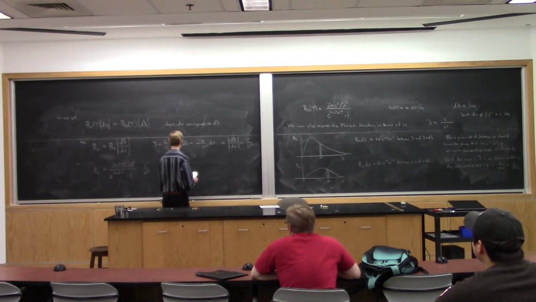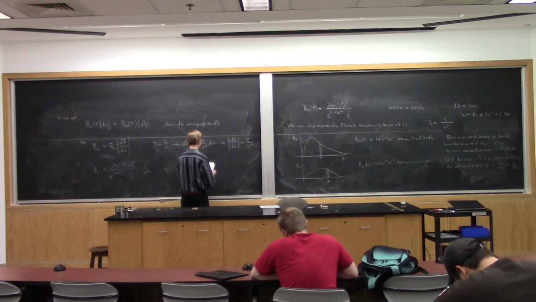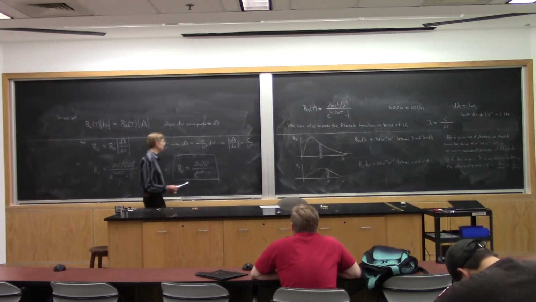So that says B nu is 2h nu cubed over c squared over e to the h nu over kT minus 1. That's the expression for B nu.